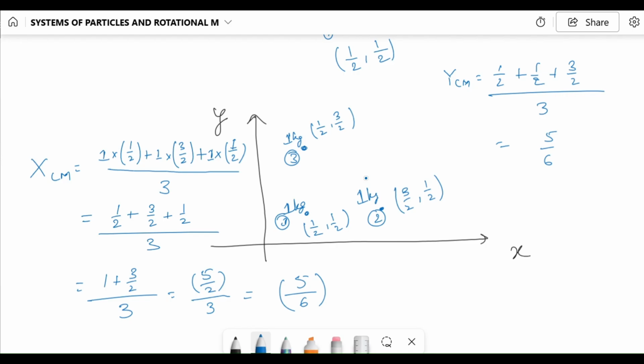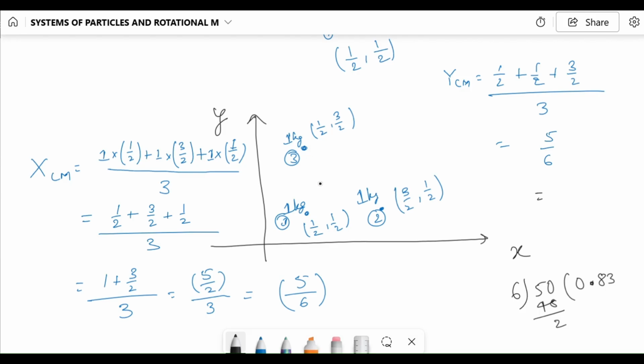So we have now the center of mass here somewhere. 5 divided by 6 is 0.83, so both the x coordinate and the y coordinate of the center of mass are 0.83, 0.83.